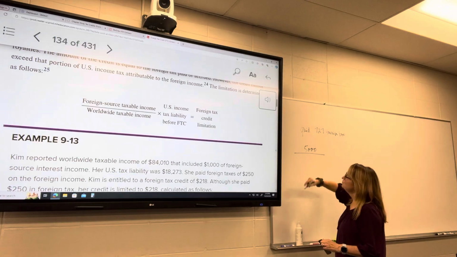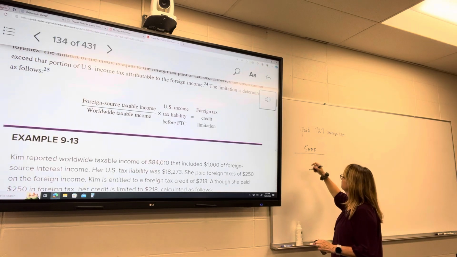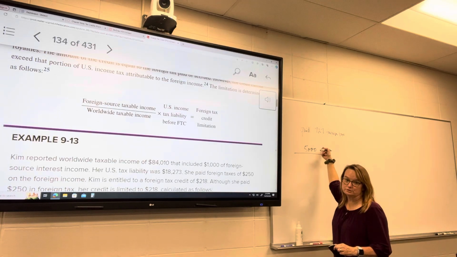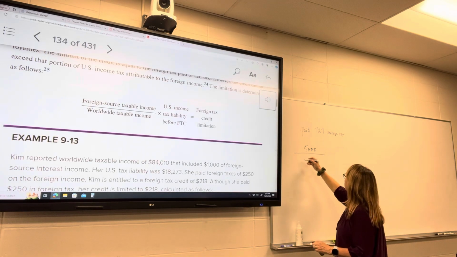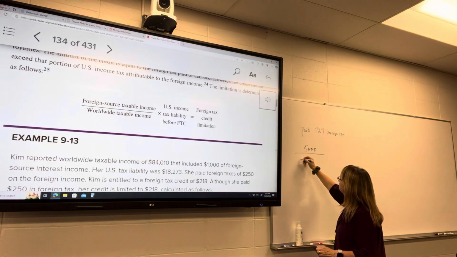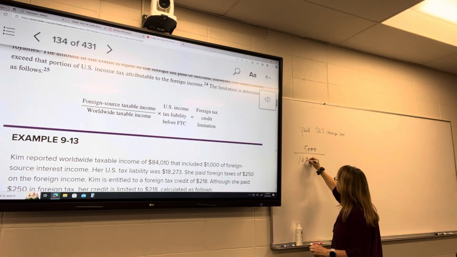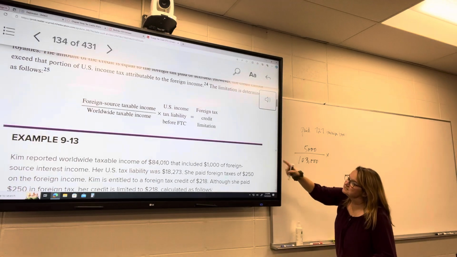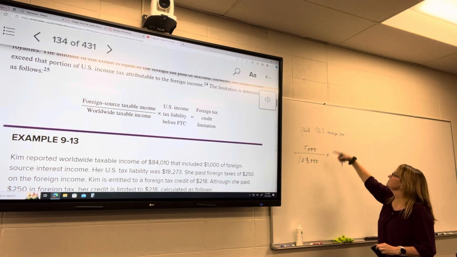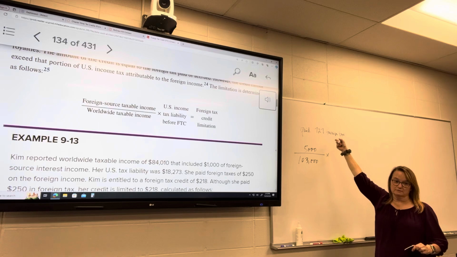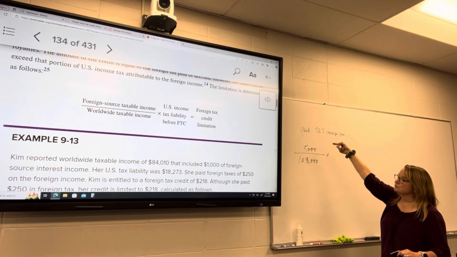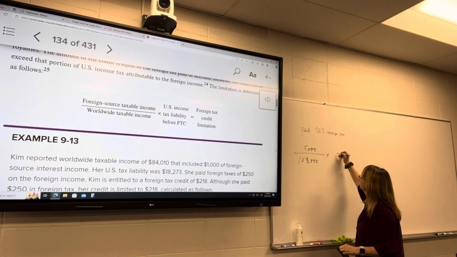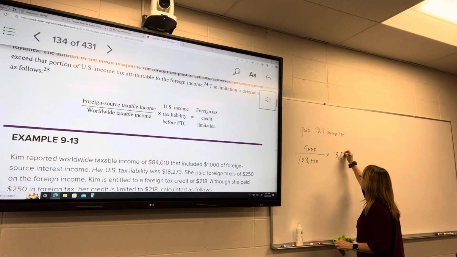And our worldwide taxable income, which includes this, so we're looking at the proportion of our total income that is foreign source, essentially. So let's say 103,000. And our US income tax liability before taking into account the foreign tax credit, we do that calculation first, is $13,500.